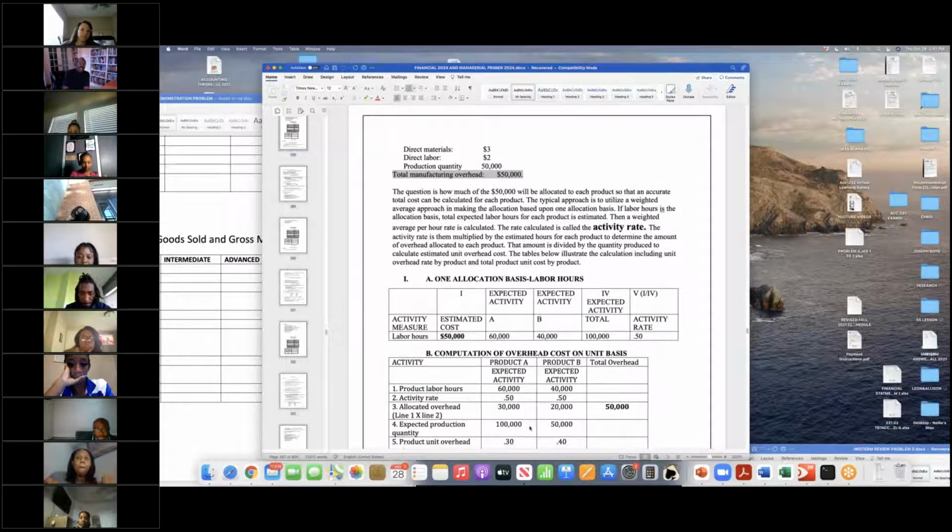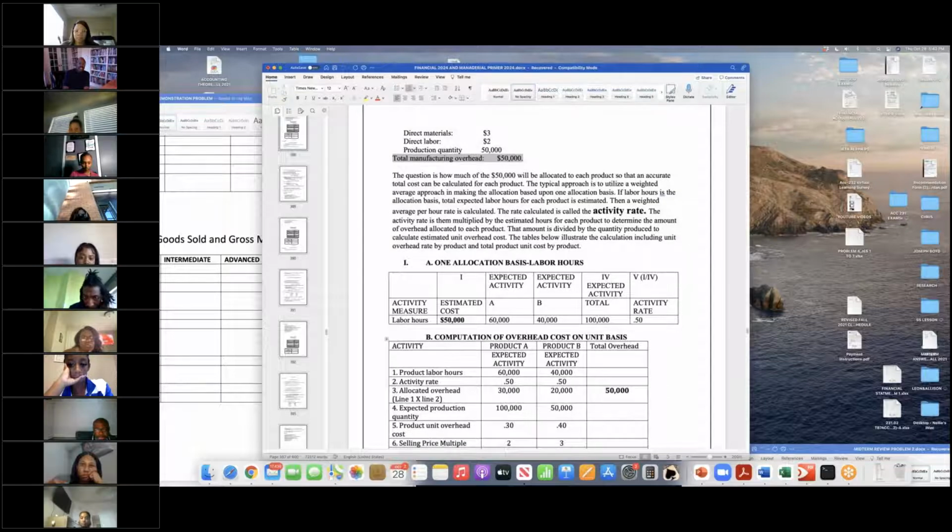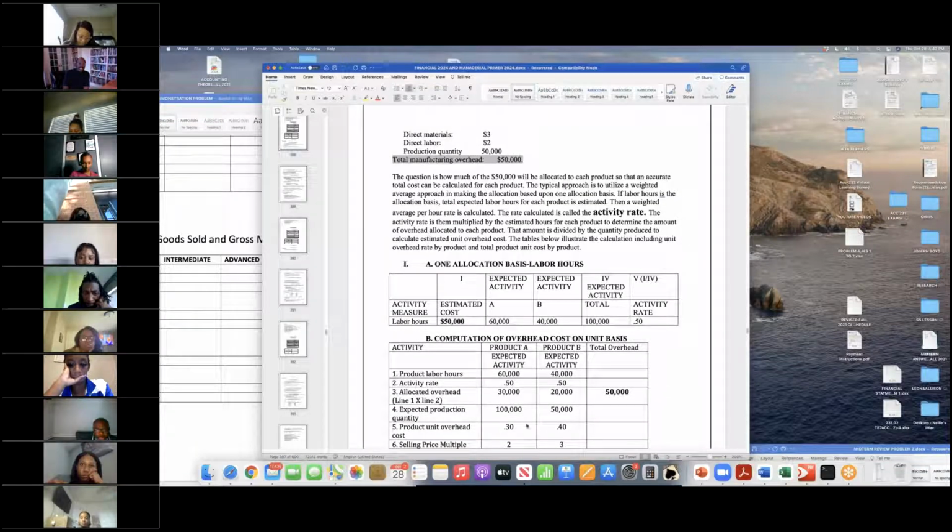We next bring in our quantities, 100,000 and 50,000, and we divide those quantities into that overhead that was allocated to get the unit overhead cost. So we're doing the unit overhead cost a little differently, 0.3 and 0.4.